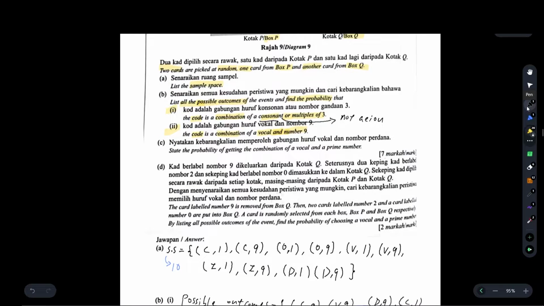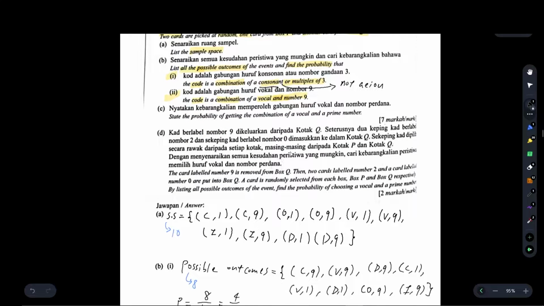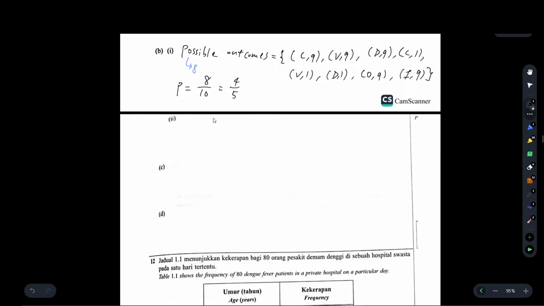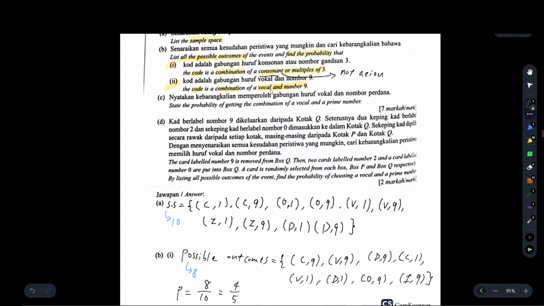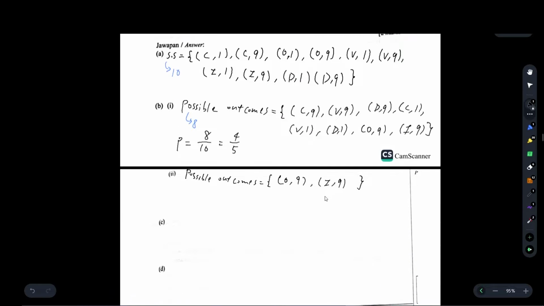So right now we're gonna write out the possible outcomes of this combination. We have the vowel O9 and I9. These are all the possible outcomes for the vowel and number 9.